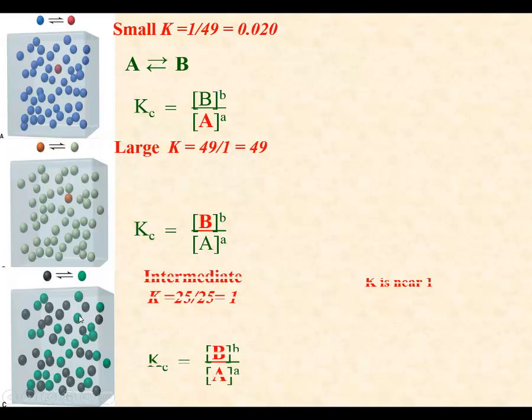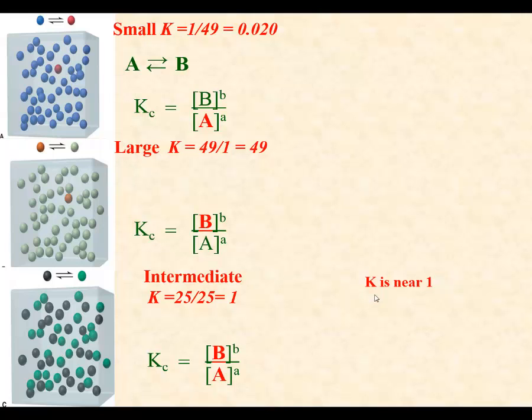If we were to look at the equilibrium process, and if we're still looking at coefficients of just 1-to-1, well, then we'd have 25 product molecules or atoms over 25 reactant molecules or atoms. We'd have a case in this situation where we have an equilibrium constant that is perfectly 1. We won't necessarily always have a value that's perfectly 1, but if the equilibrium constant is near to 1, that may indicate that we have significant quantities of both reactants and products present at equilibrium.